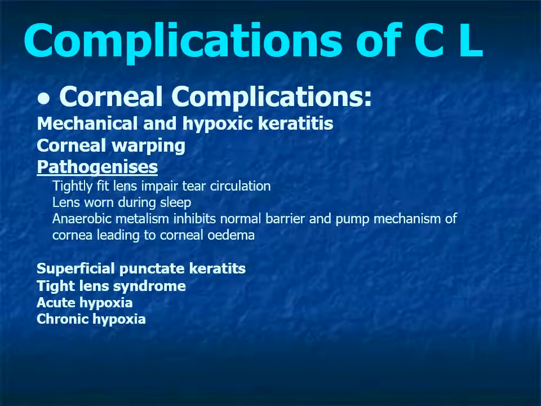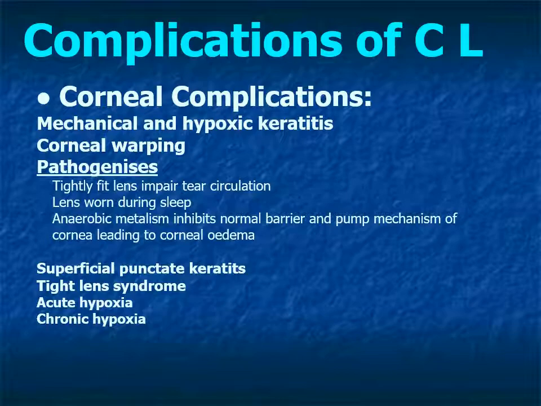Corneal complications of the contact lens. Most of the oxygen for corneal metabolism is supplied from the atmosphere. It diffuses from the tear film to provide oxygen to the cornea, and the endothelium is supplied from the aqueous. So the contact lens lies within the tear film and provides a barrier to the diffusion of oxygen to the cornea.